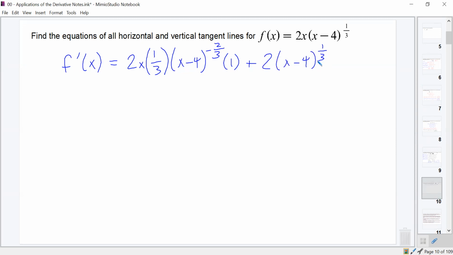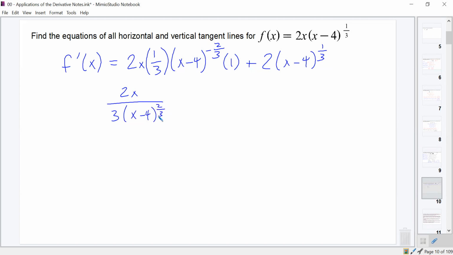And just looking at that equation right off the bat makes it a little difficult to see when this is equal to 0 and when this is undefined, which is why it's really important that we're able to simplify down these derivatives into singular fraction terms. So first thing we'll do is drop that (x minus 4) into the denominator with the 3 from the 1/3. So 3 times (x minus 4) to the positive 2/3.